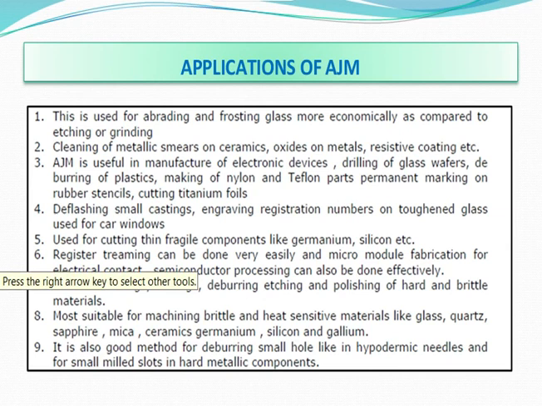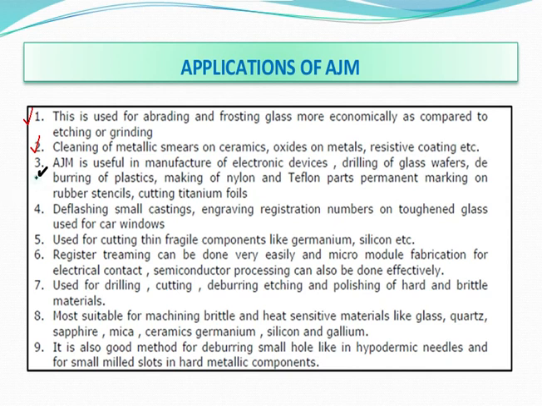Now we are going to discuss the applications of AJM that we are basically using. Basically, abrasive jet machining is used for abrading or frosting glass more economically as compared to etching or grinding process. Secondly, cleaning of metallic smears on ceramic, oxide on metals or resistive coating are performed by the abrasive jet machining process.